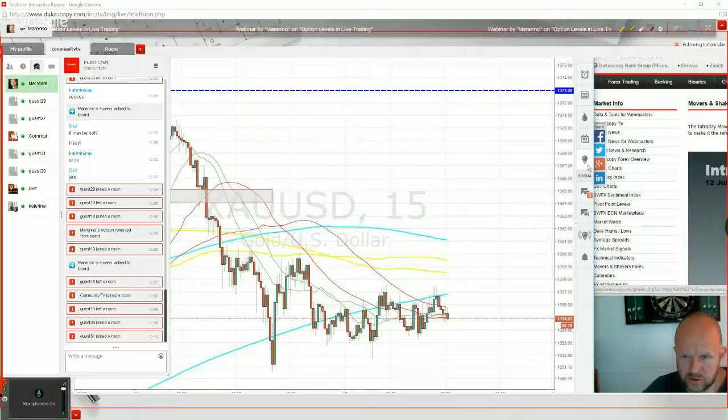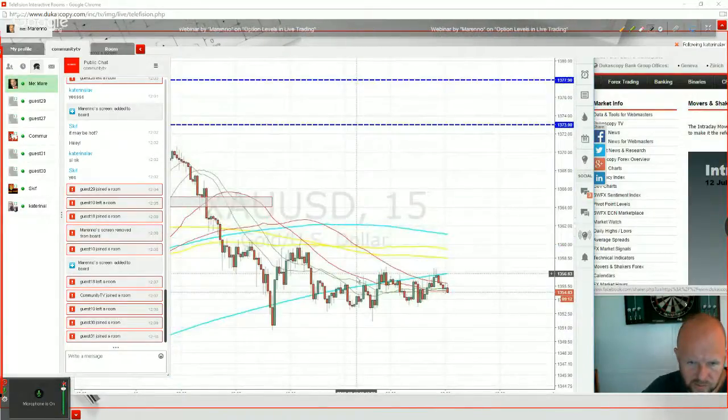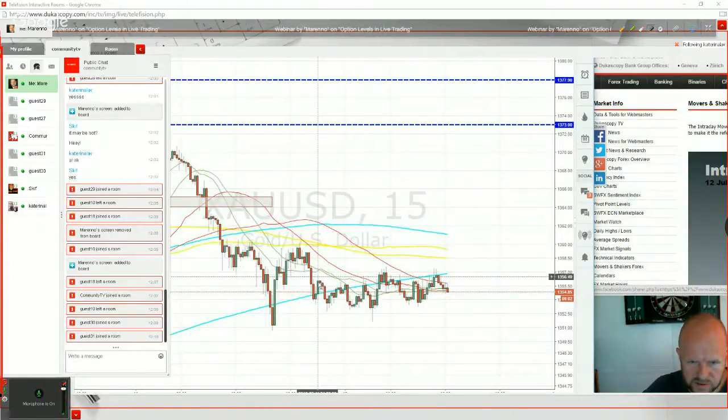All right, so what we see here, on a 15-minute chart, we do have a range here. Not all of you know, unfortunately, how ranges are normally broken.